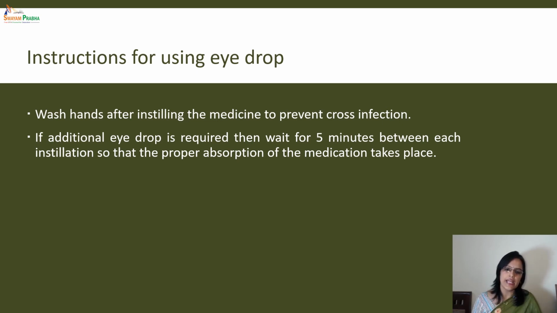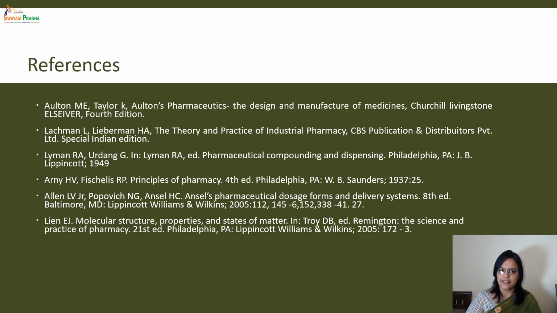And if an additional eye drop is required, wait for 5 minutes between each instillation so that proper absorption of the medication takes place. So that's all, dear students. This is about the instructions for using eye drops, and these are the references. Go through the references for more and better understanding of this topic.